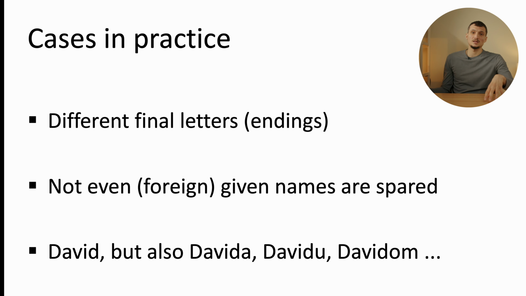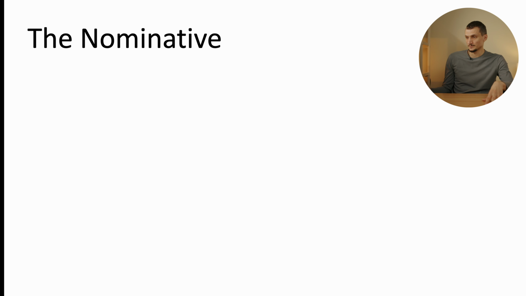And by that we mean that, for example, the name David, the name itself is David, but if we put it in different contexts, in Slovenian it becomes Davida, Davidu, Davidom, and this might seem very weird or unintuitive coming from English, but that's just pretty much how Slovenian grammar works, and we don't really spare given names. We don't really care that they're given names of people. As far as Slovenian is concerned, they're nouns.